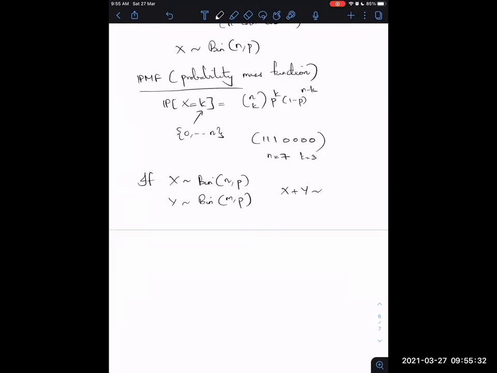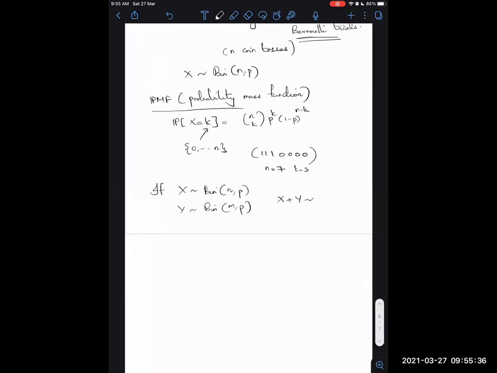Can someone guess what is the distribution of X plus Y? Just understand the meaning of what I've said till now and think about what actually is happening. When I talked about the binomial distribution, I asked you to think about coin tosses. X is a binomial random variable and Y is a binomial random variable.